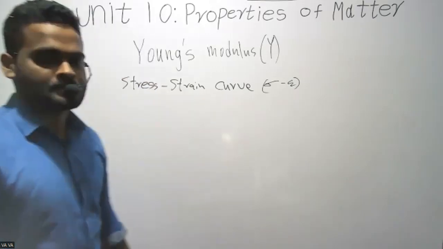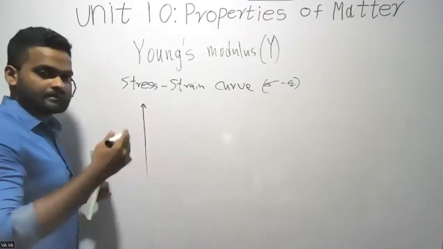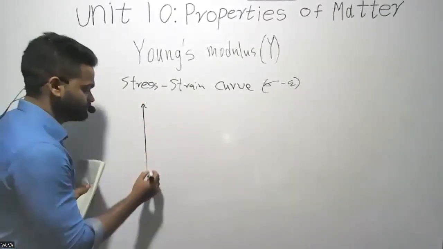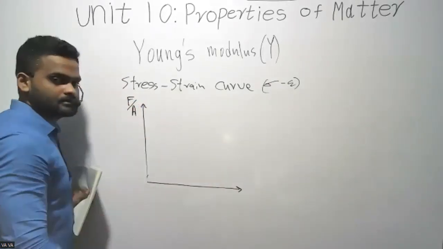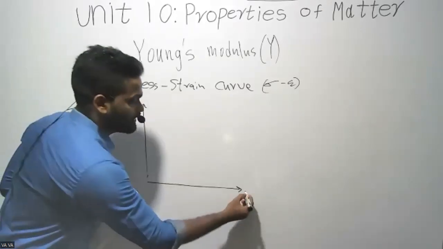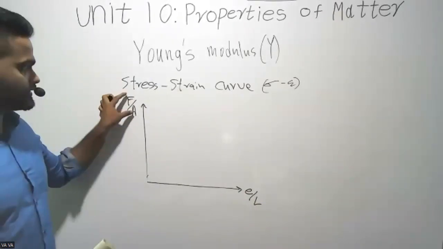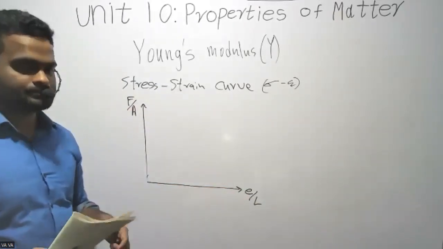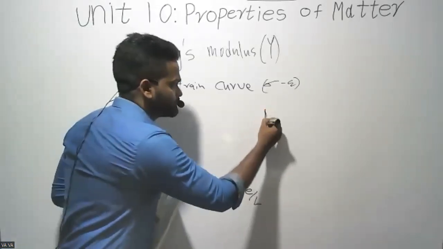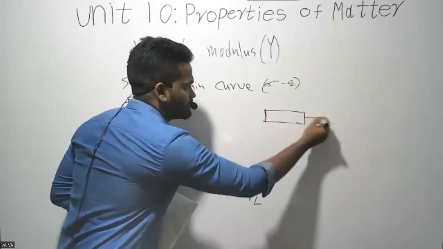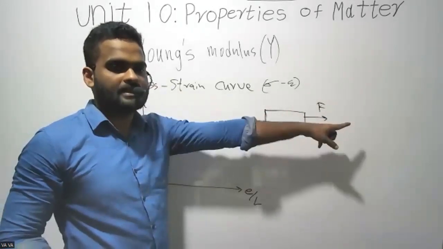Okay. So this is the stress strain curve, right? This is defined for a material. On this axis we have stress, F divided by A, and on this axis we have strain, e divided by L. So let's say this is a rod and you are applying a tensile force.